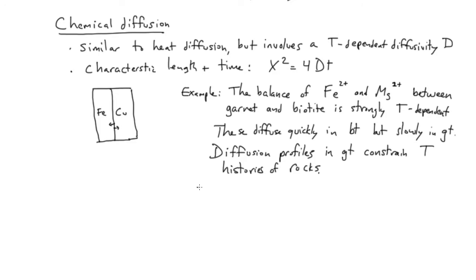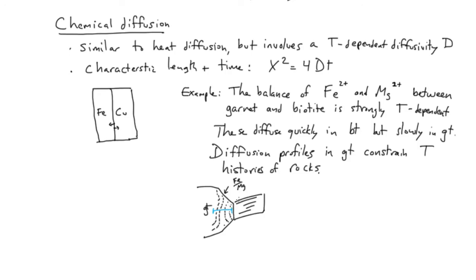So let's say we have a garnet. This would be garnet, and we have some biotite mineral near it. What will happen is we can analyze, and we'll see contours of iron magnesium ratios in the garnet, and so we can make a profile.